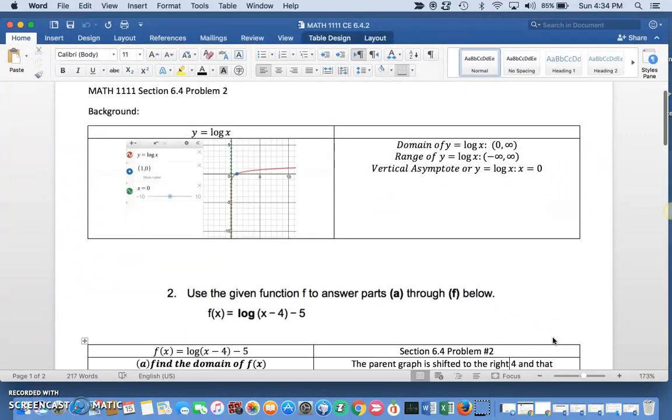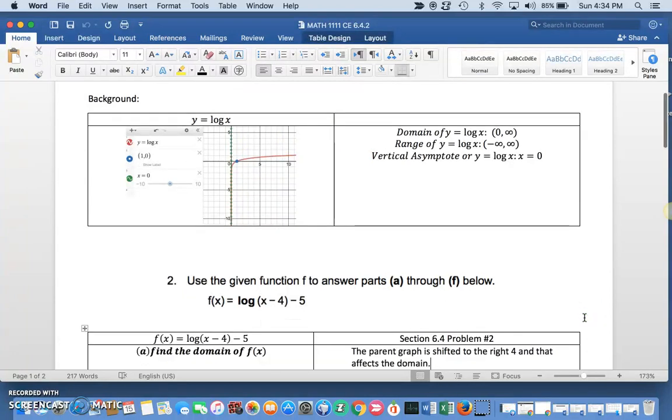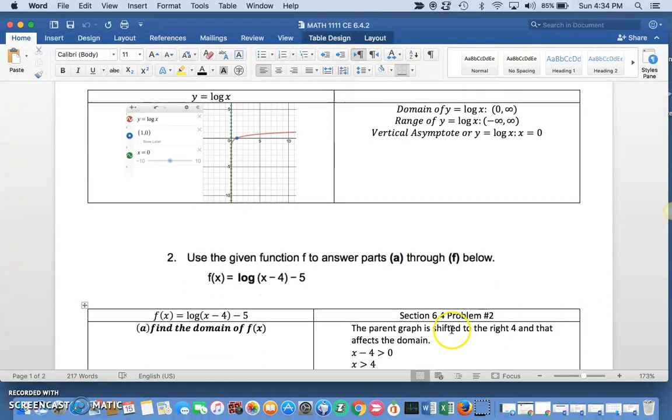Now, the problem you have is a logarithm, but has a little bit more here. So this -4, just like any other transformations that we have, is going to shift our graph 4 units to the right, and this -5 is going to shift it down 5 units. So it's going to be 4 right and 5 down. So let's see, what does that actually affect?